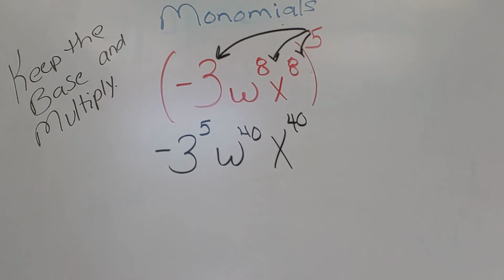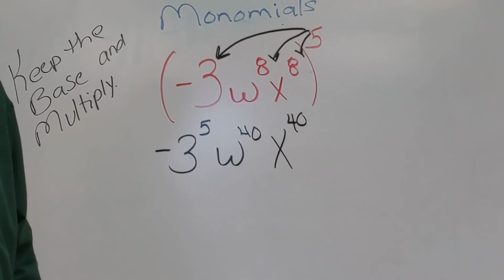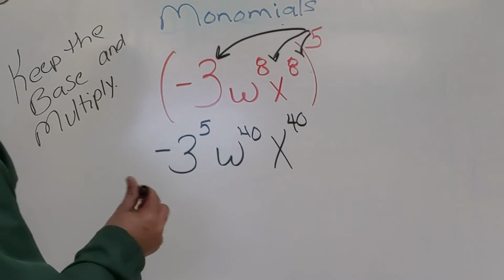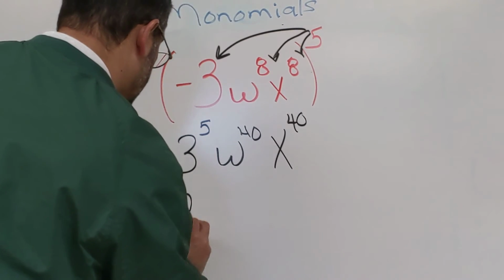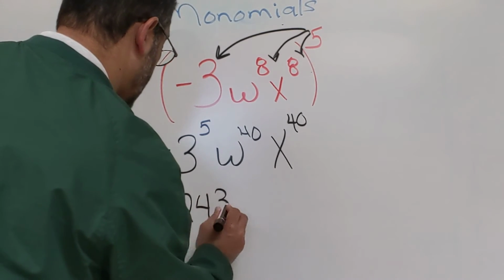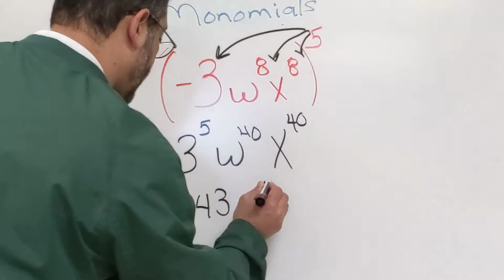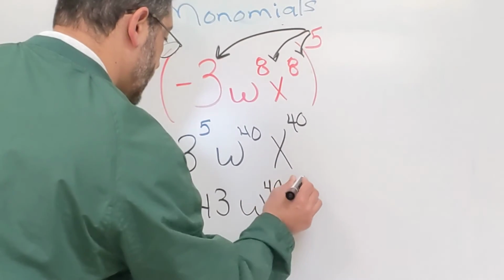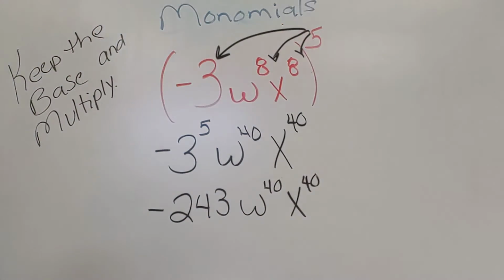Then I could further simplify on my calculator by doing -3 to the 5th power, and that would give me -243 w to the 40th, x to the 40th. And that would be my answer.